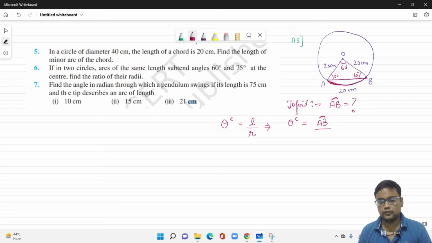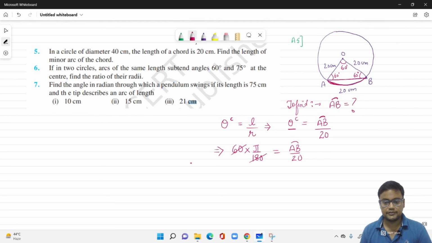What do we know? We know the radius of the circle, 20 centimeters. We also know one more point, children. We know theta in degrees is 60. But on the left hand side it should be radians, so we will convert it into radians right here. And the length of the arc AB over 20.